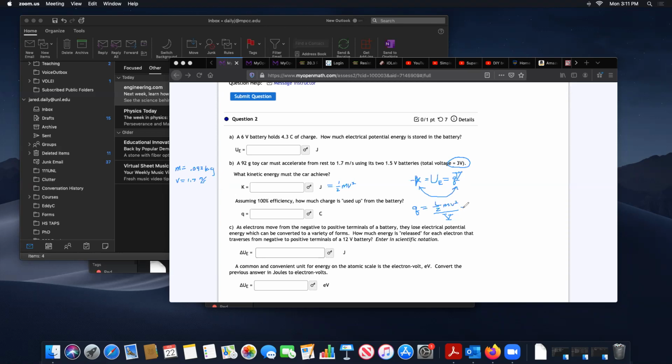So that ends up being 1/2 mv squared divided by V, which you could also write as m times little v squared, or velocity squared, divided by 2 times the voltage, big V.